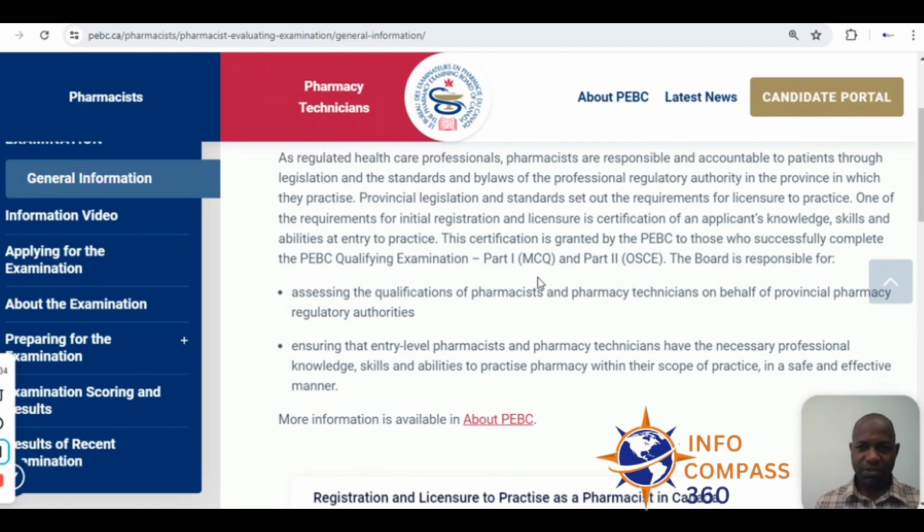So the first part of the PEBC qualifying exam usually would be the qualifying part 1, which is usually multiple choice questions, whereas the second part would usually be the objective structured clinical examination, which is referred to as the OSCE.